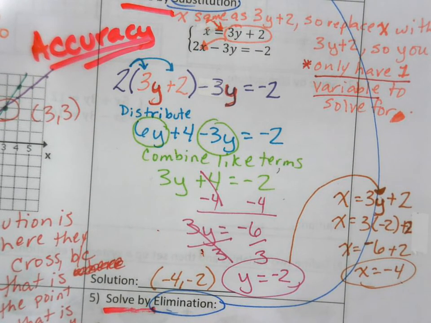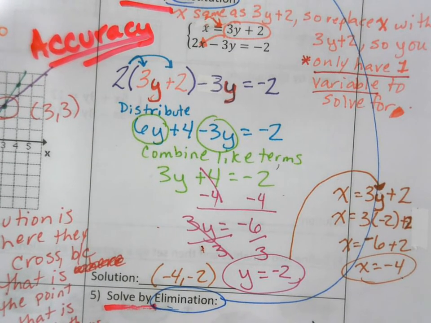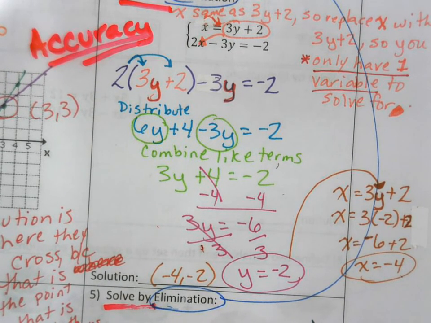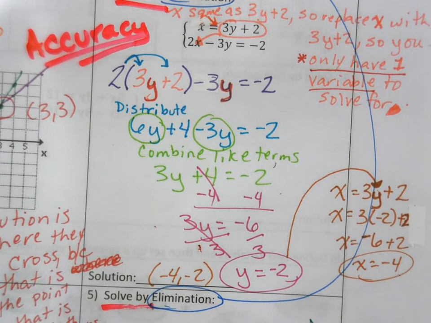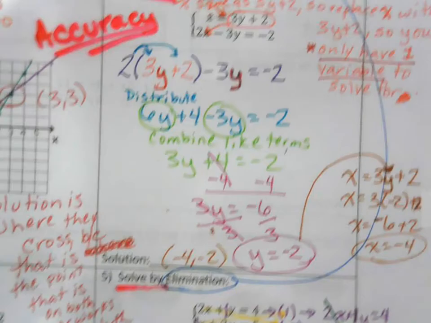Then I had to move my 4 over. That's where I got negative 4 added to the other side, giving me negative 6. Then I divided them into 3 groups, which gave me negative 2. So then this negative 2 gets substituted back in, right? 3 times negative 2 is negative 6, plus 2 is negative 4. So there's my coordinate. A solution is a coordinate.